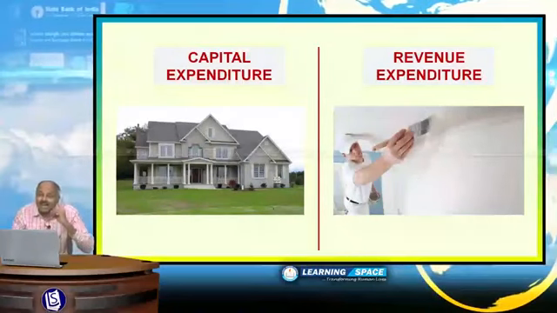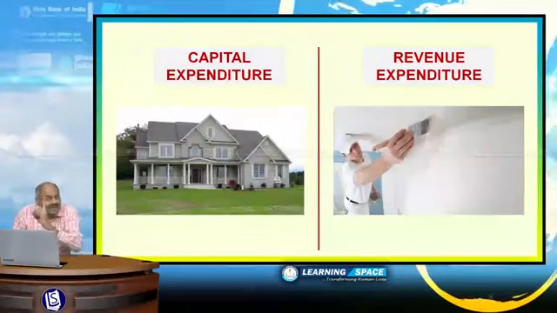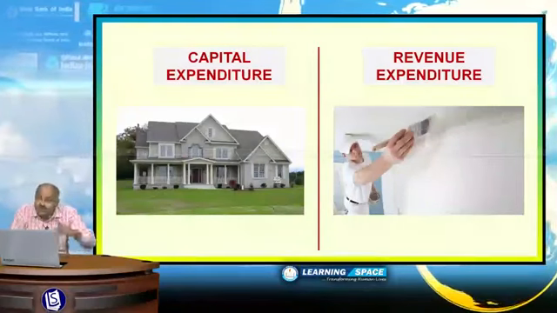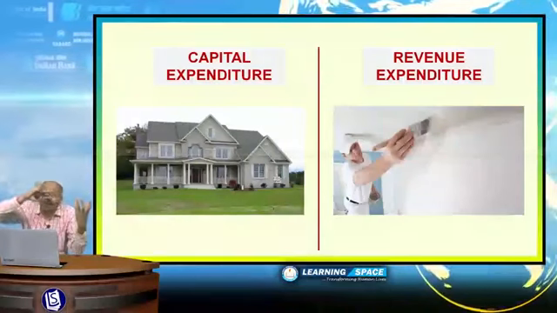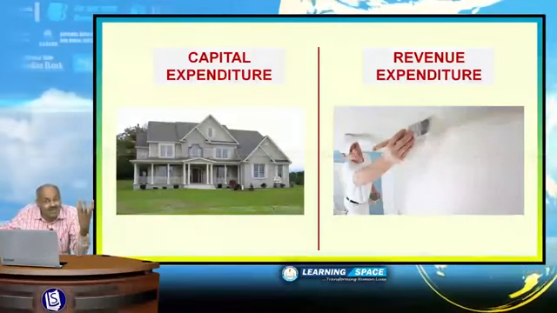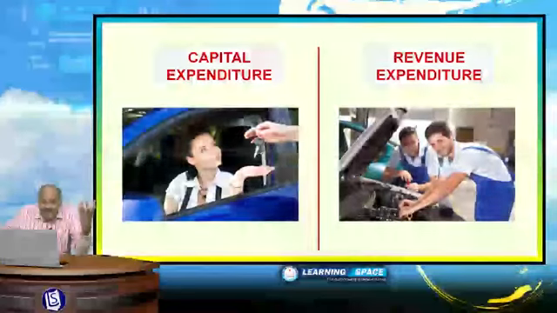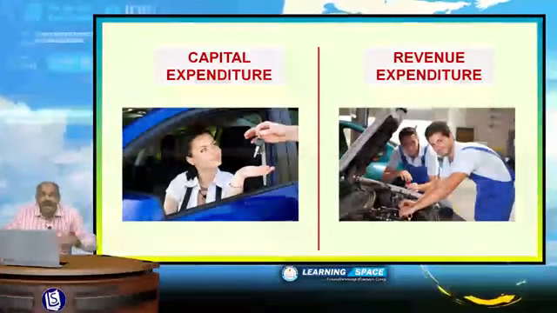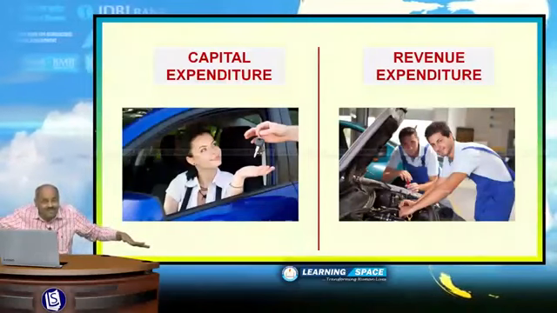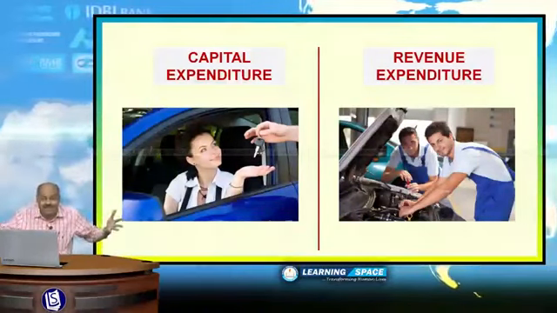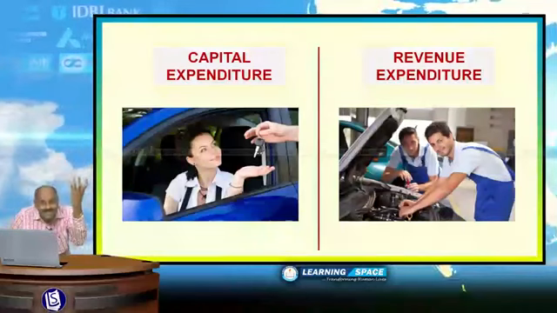So for any individual or for any country, there should be some capital expenditure. Otherwise, creation of long-term assets will not take place. If you are earning 50,000 rupees a month and spending the total money on day-to-day expenses, then you may not be able to create any capital asset.